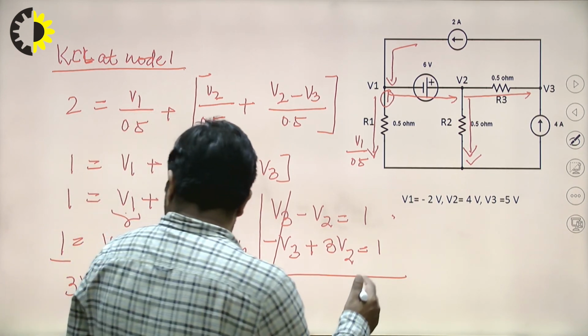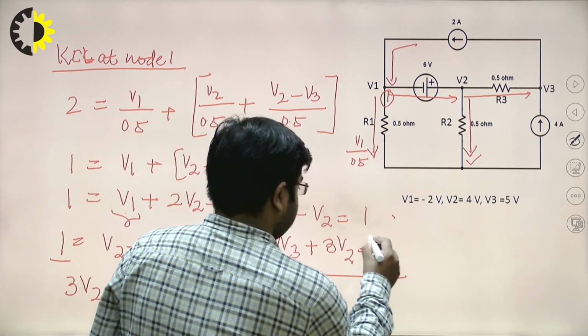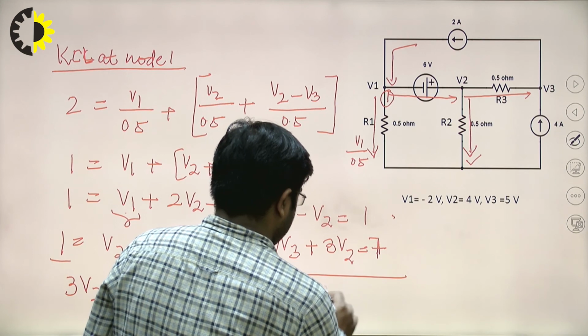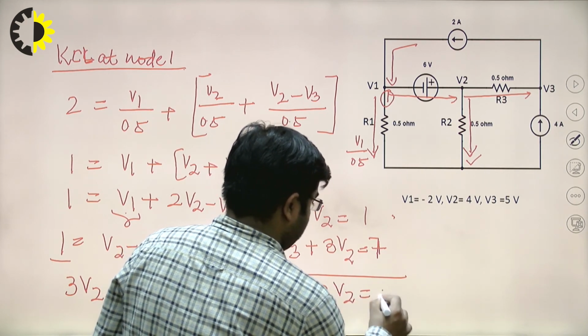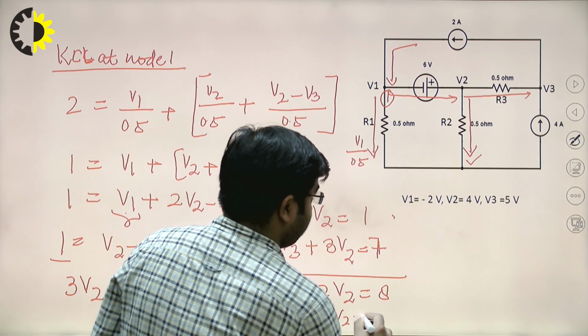So 3V2 minus V3 equals 7 and V3 minus V2 equals 1. Adding, 2V2 equals 8, so V2 will be equal to 4 volt.